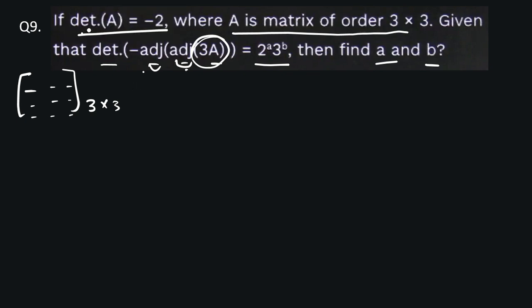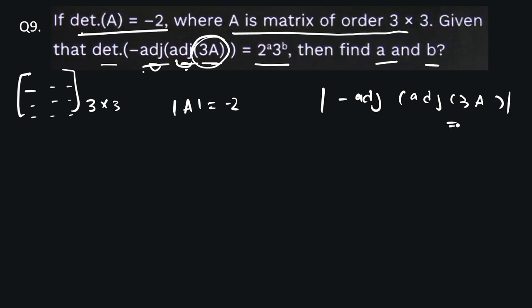Given that det A is equal to minus 2, and det of adjoint of adjoint 3A is 2 power a, 3 power b.